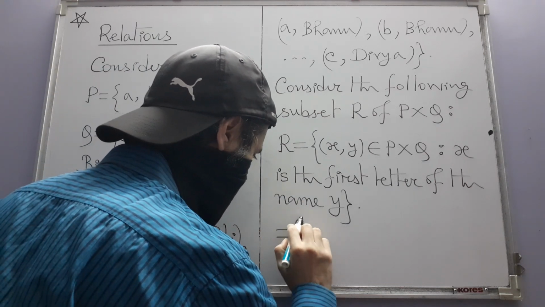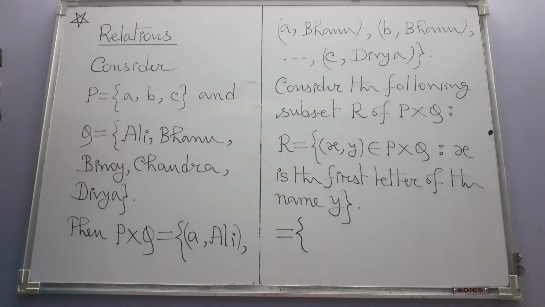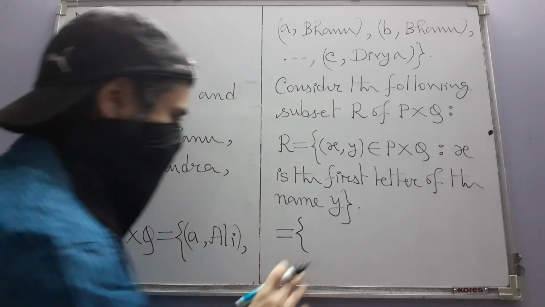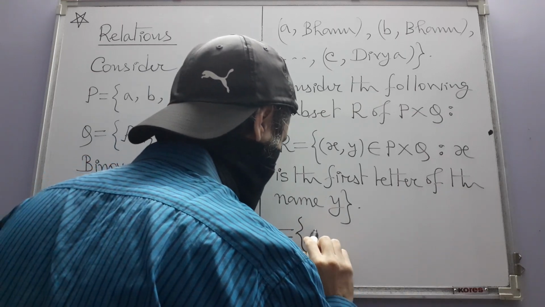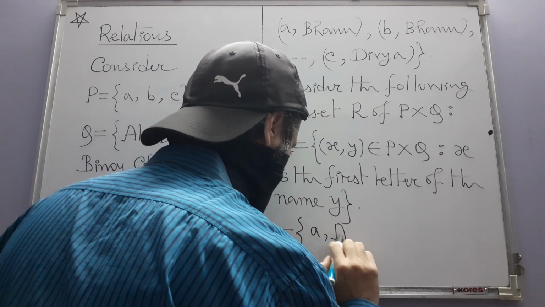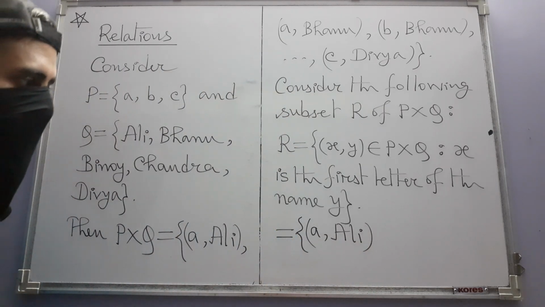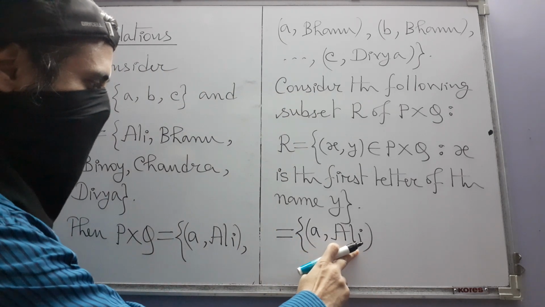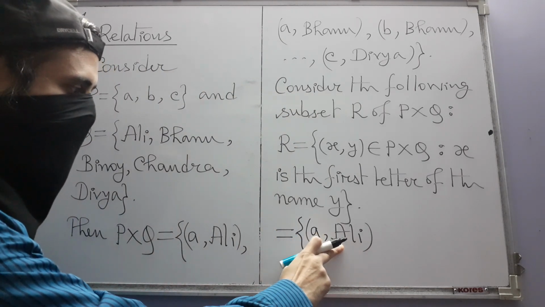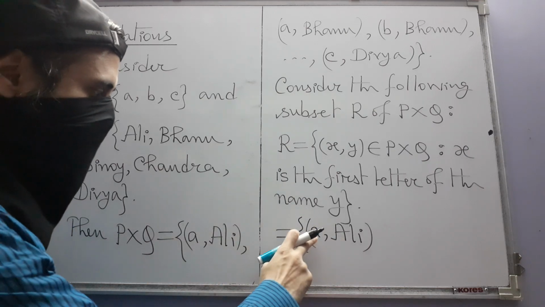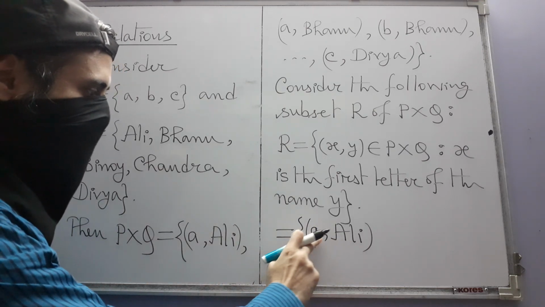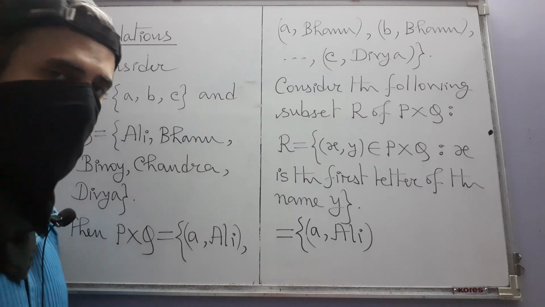That means if I write this subset R in roster form, these are the pairs that I will have as elements in R. This pair will be there because for the name Ali, the initial is A, which is this. Not really distinguishing between uppercase and lowercase letters.